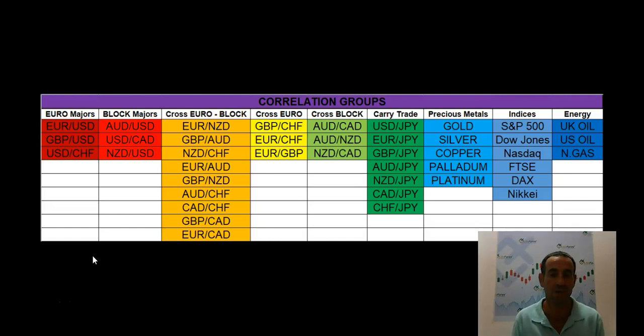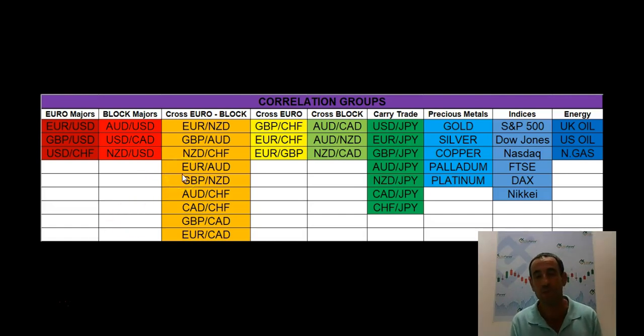So obviously the idea is to keep as many positions with low level of correlation in your Forex portfolio. You can see groups starting from energy to indices, precious metals, and then of course all the currencies themselves also can be divided into subgroups.